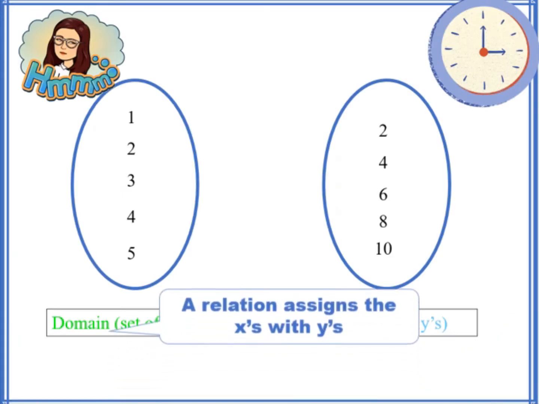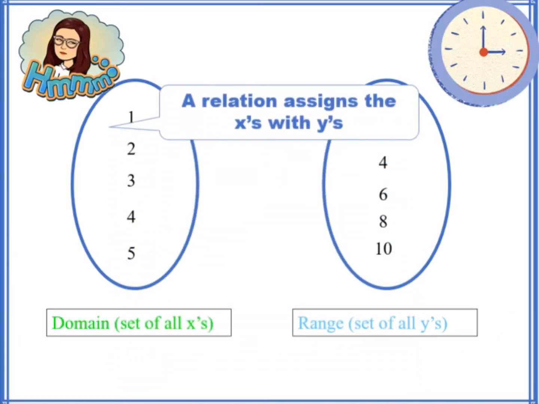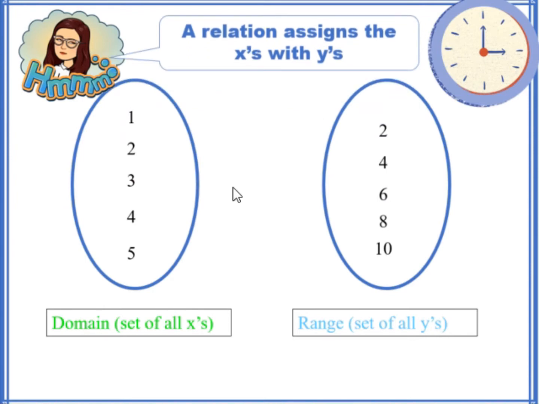A relation assigns the x's with the y's. An example of this is this mapping diagram wherein we have the domain and the set of the range. For the domain, we have 1, 2, 3, 4, and 5. For the range, we have 2, 4, 6, 8, and 10. In this relation, domain 1 is paired with 6, and domain 2 is paired with 2 of the range.